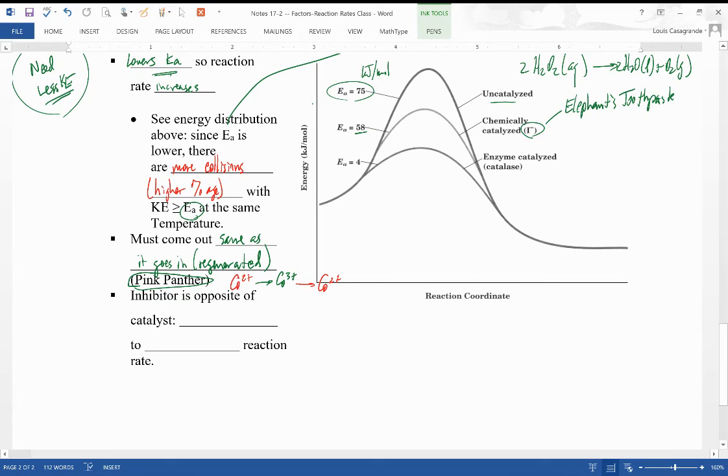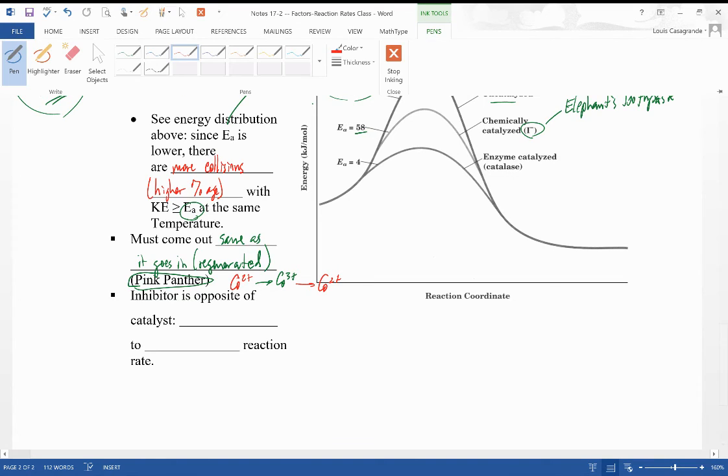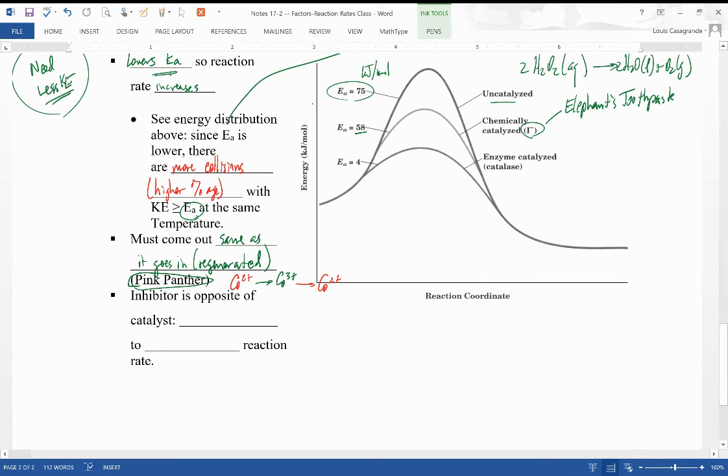And I wish I had pink there because it is pink. I haven't been able to figure out how to get pink pens easily here, so we're stuck with red for the time being.